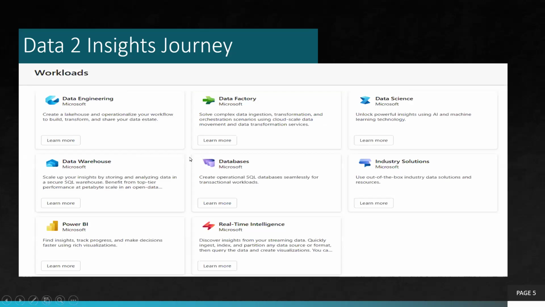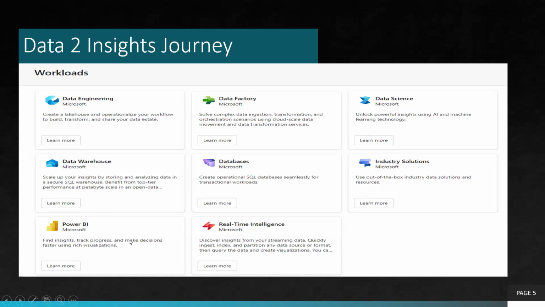Okay. Now, if you see, there are different areas: data engineering, data factory, data science, data warehousing. All these are there, each having their own specific purpose, right? Many of the students think, okay, boss, I need to learn end to end because everyone is demanding it. But what I feel is that you should learn a couple of things.